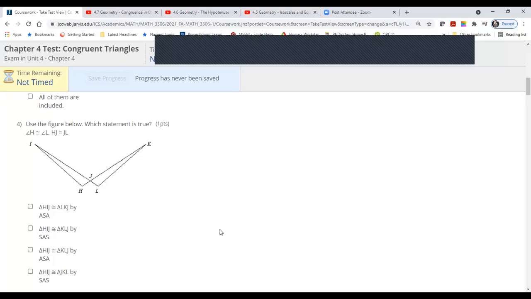Yeah, they are different, right? So you have to be careful, because the order of the letters is important. So don't get tricked by this one.